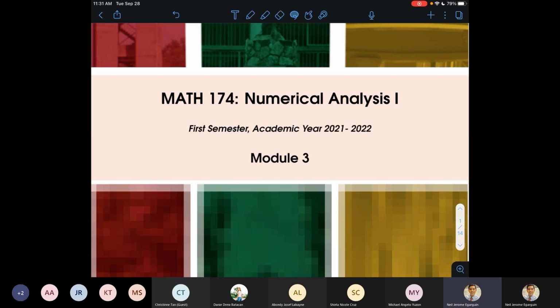So kaya in practice, we always look for an error bound or an estimate for the error. We want to see what is the maximum possible error that will occur in our approximation. Kasi if we know the maximum possible error, we know what the worst case scenario is. So alam natin, halimbawa, yung estimate natin sa error it would be at most say 10 to the minus 3. So ibig sabihin, alam natin in the worst case, yung error niya ay 10 to the minus 3.